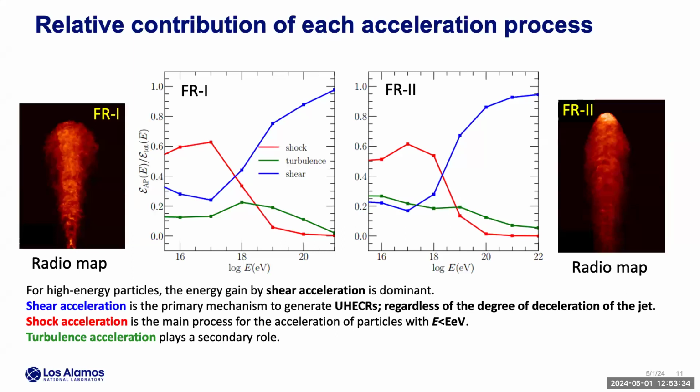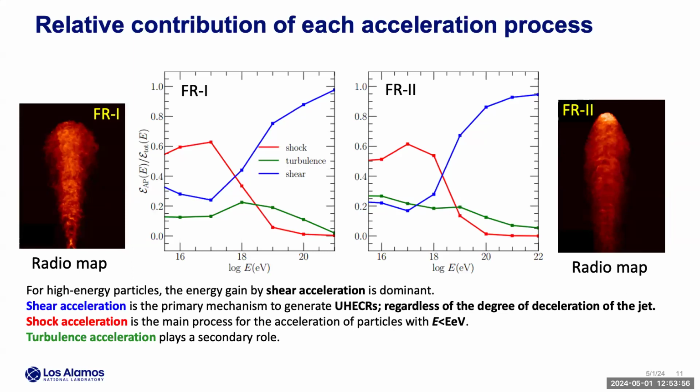The shear is generated at the boundary between the jet and the backflow. The strength of the shear strongly depends on the Lorentz factor of the jet and also the momentum of the jet. If the jet Lorentz factor is reduced, then the shear generated is much weaker.